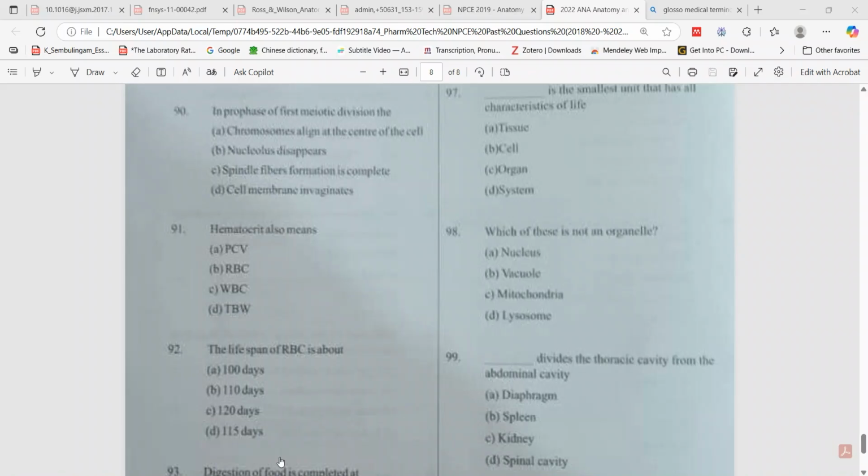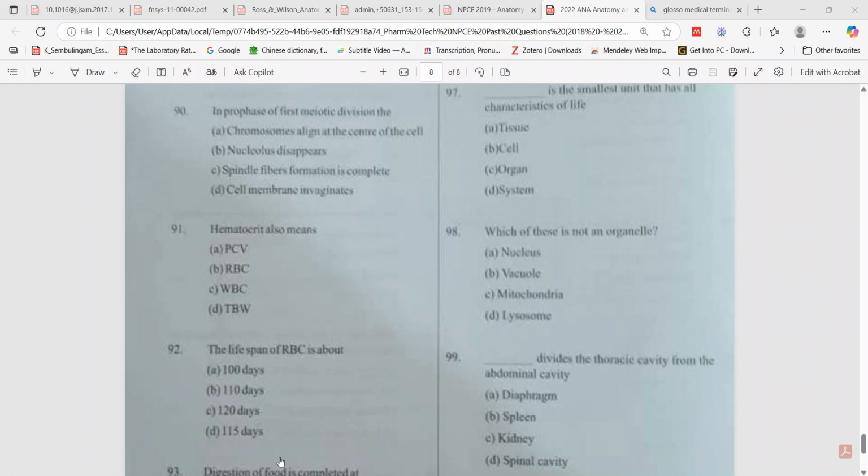Prophase starts with the nucleus. The nuclear membrane tries to disintegrate and all that. Then it is at metaphase.